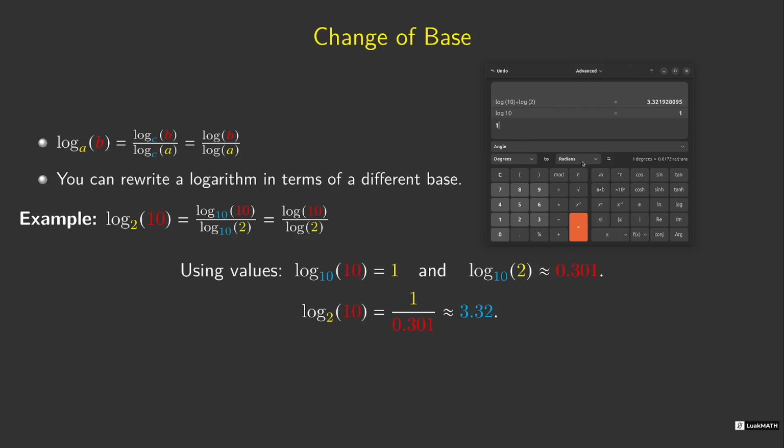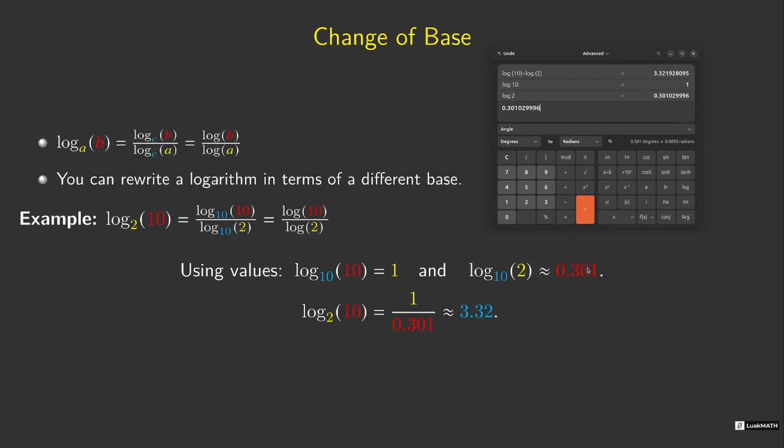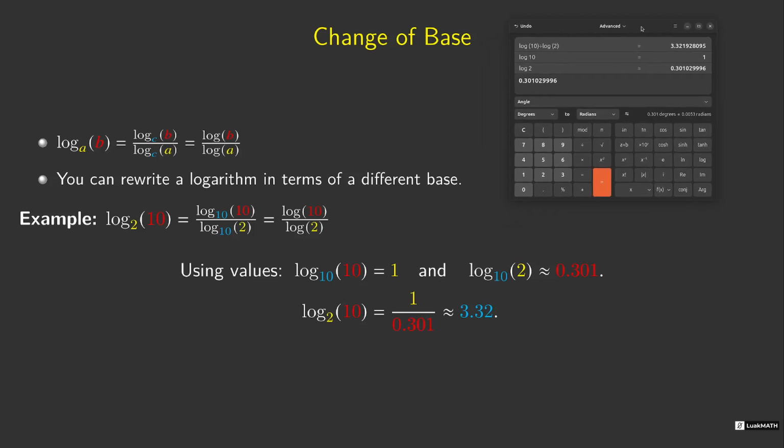And then the next one we have, let me backspace here. We have log of 2, which gives 0.301, which is this one right here. Now we're asking the question. Just forget about all these values. Just ask yourself, what is the base?